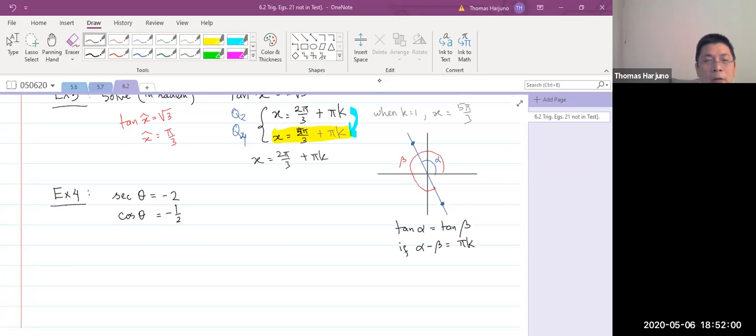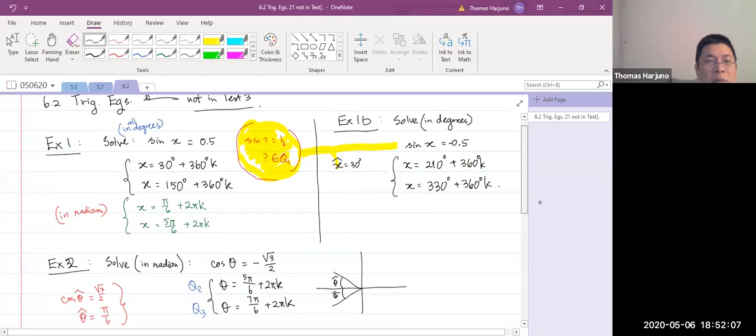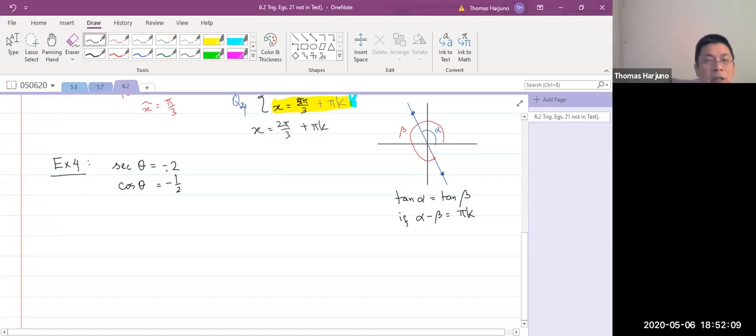Now from here you go on like the way we did it up there. Very similar to example 1, right? Cosine theta is -1/2, so theta, let's say in degrees. What is the reference angle? Cosine of that reference angle is +1/2.